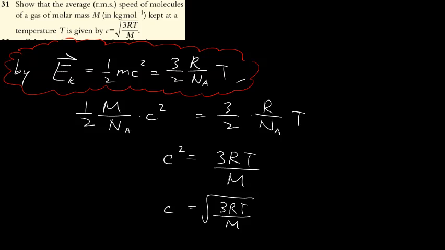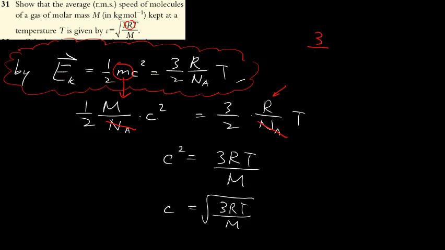After that, you need to change the mass into the bigger mass over Avogadro numbers, so that you can lazily cancel out the Avogadro numbers on each side, so that you can make the subject as requested from the question.